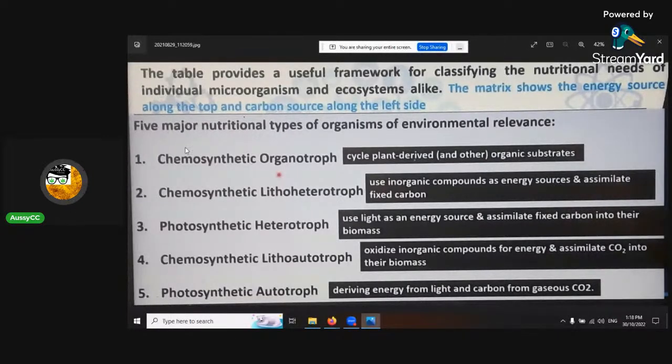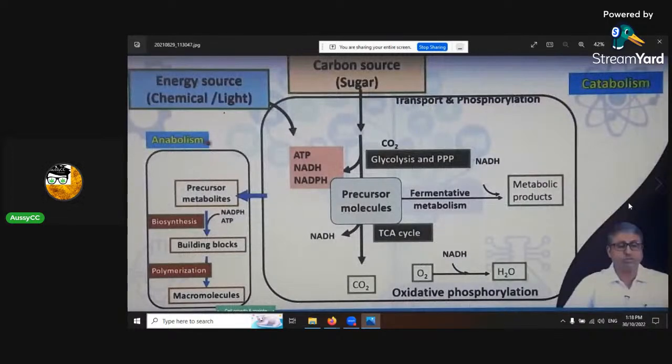Chemo is chemical, and synthetic is your man-made type stuff. Lithotrophs, rocks. Hetero means it's not similar, so it'll be multiple things. Photo means from the sun or light. So you can kind of break it down from just the Latin words that are inside of it.